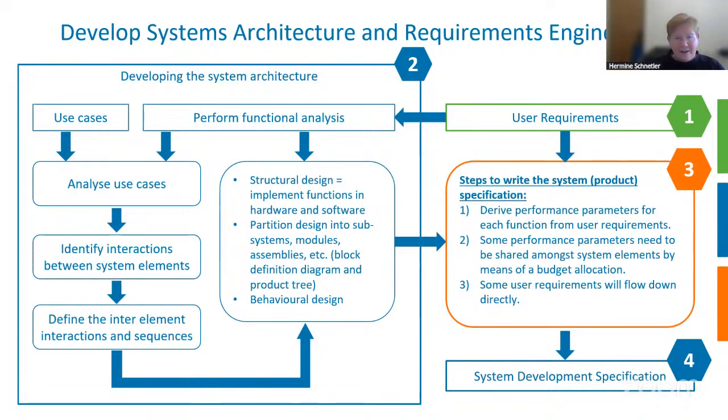But either way, you can see your user requirements go into developing the system architecture, and all those little flow boxes tell you what to do, and that is perform a functional analysis.